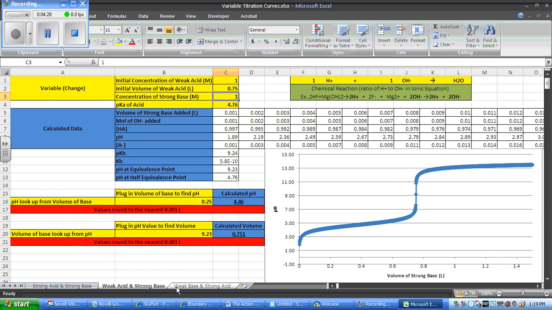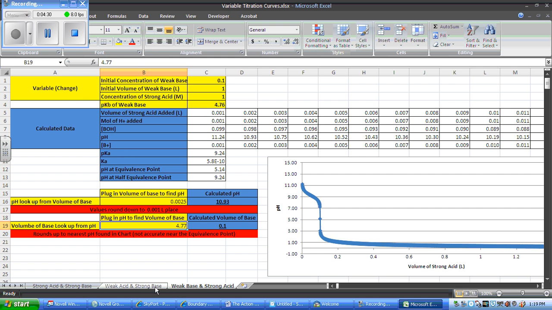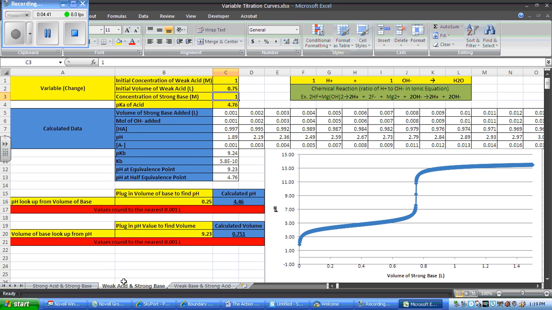Anyways, weak base and strong acid are going to be the same thing, except it's going to be inverses of each other. So I'm just going to focus on one. Again, it's just the variables that you have here that you can change. Everything in yellow you change.